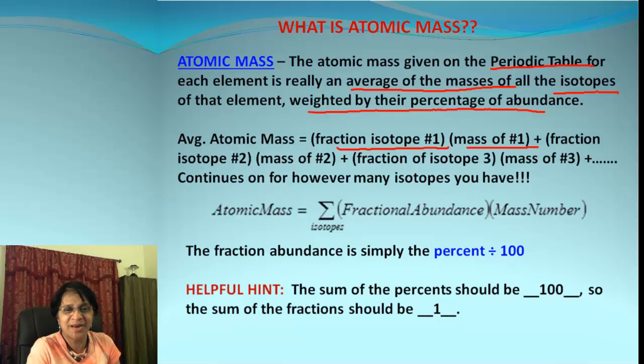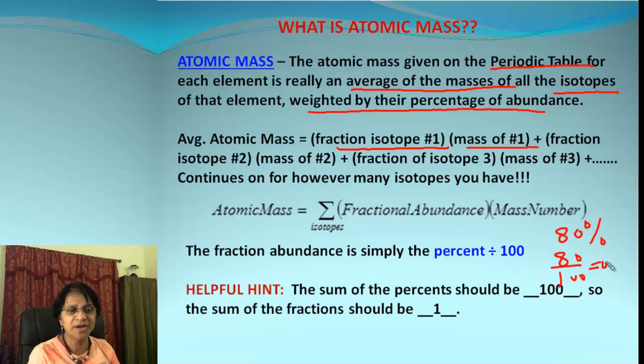And there it is. We end up getting the atomic mass. Fractional abundance is percent divided by 100. What it means is if you have 80%, the fractional abundance will be 80 divided by 100, or 0.80. Another thing to keep in mind, if the percent is 100, the fractional abundance should be equal to 100 divided by 100, which is equal to 1.